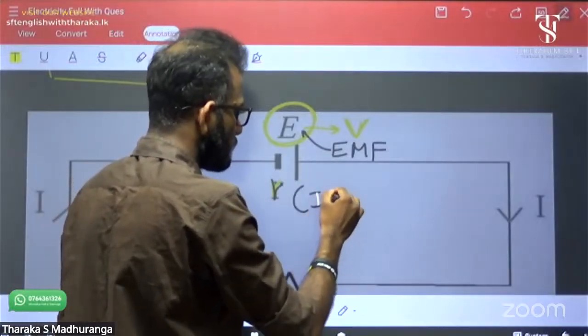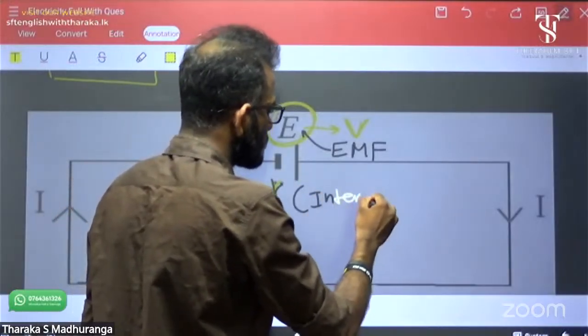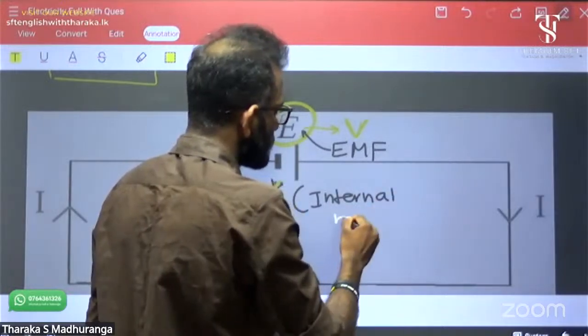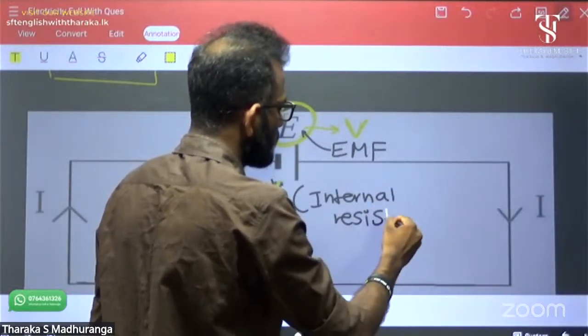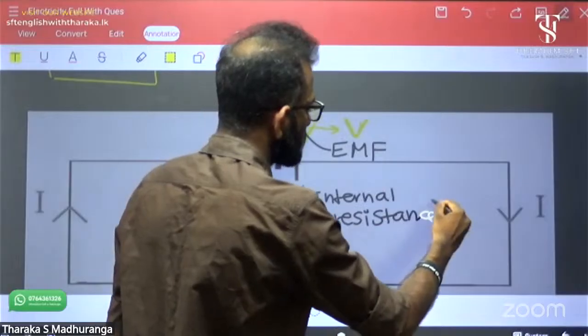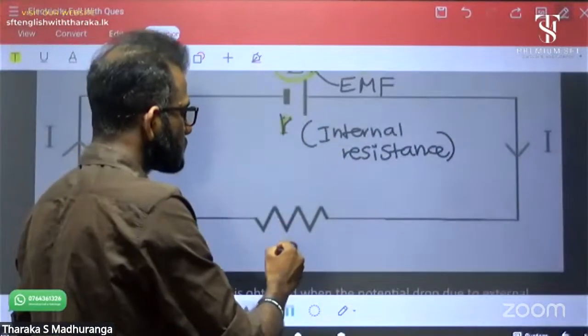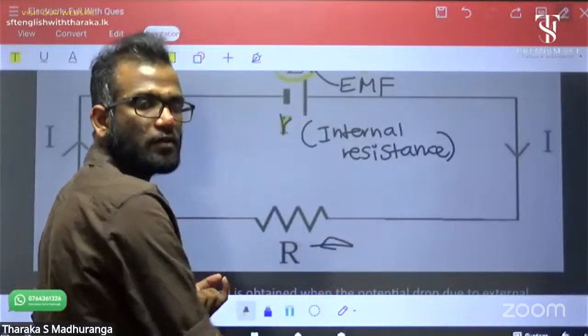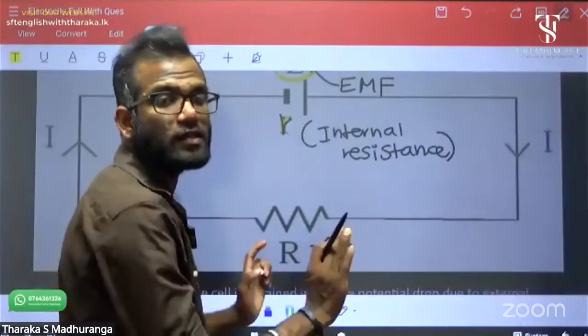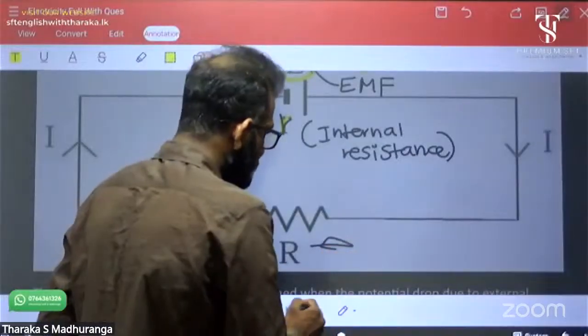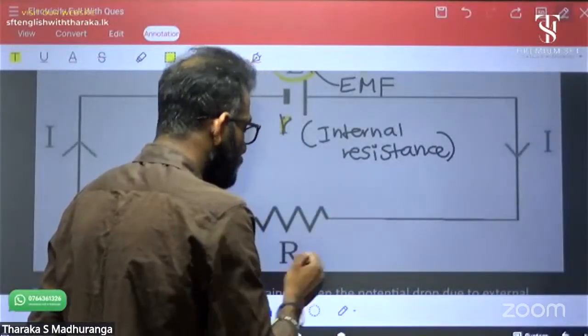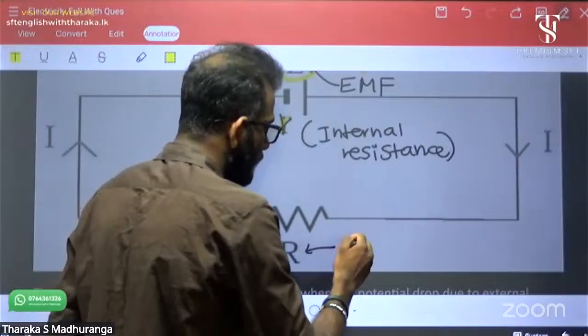Internal resistance of the battery. What's the meaning of this capital R? This is the external resistance of the circuit. External resistance. It's not inside the battery, but it is a resistance.